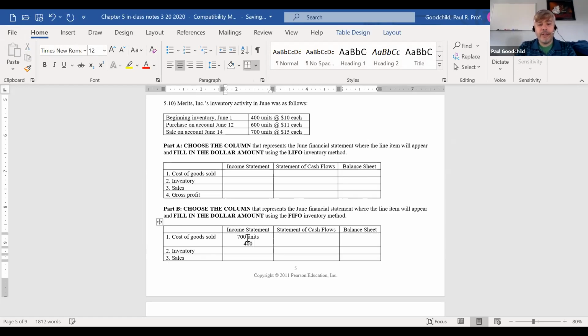So we have 400 times 10, and we're going to add to that 300 times 11. There's nothing on the statement of cash flows and nothing on the balance sheet. Now for inventory, what we'll have left over: we had 1,000 units, we sold 700, so we're going to have 300 times 11.